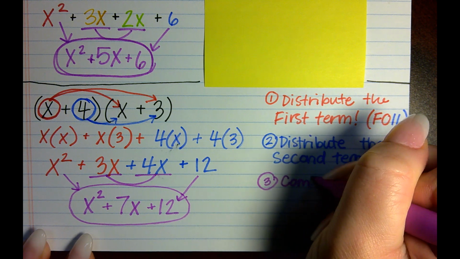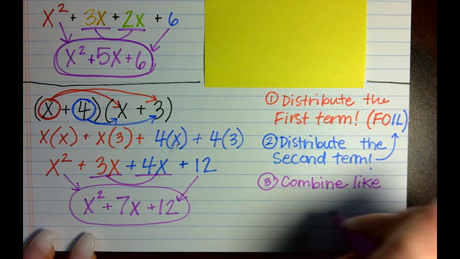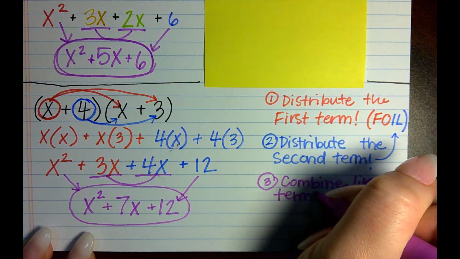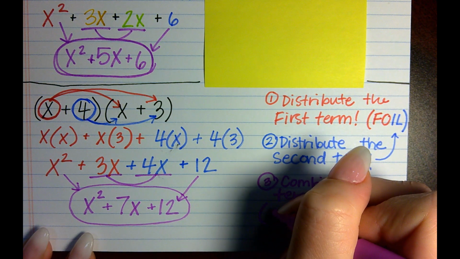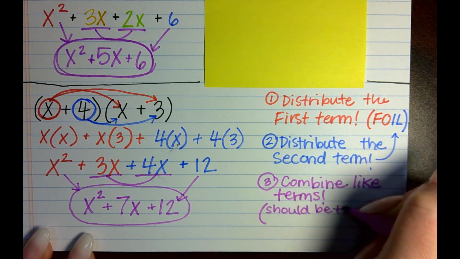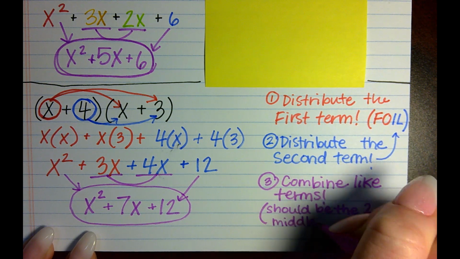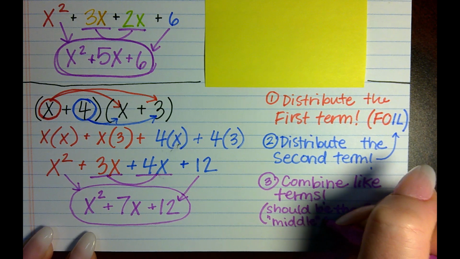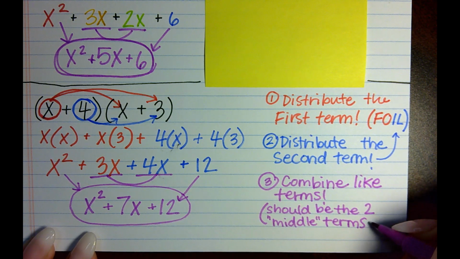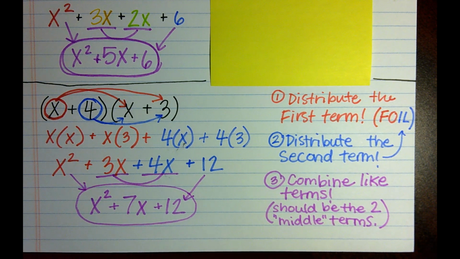Step 3 was combine. It should be the middle terms. There's some steps.